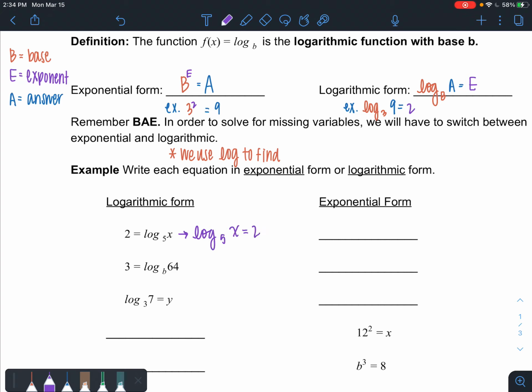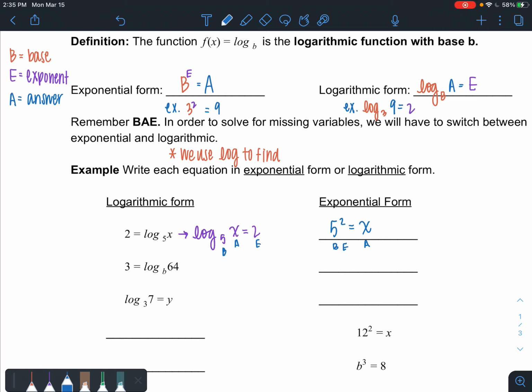That way, I can easily bay it, because this is my b, a, and e. So it's already in bay, so I need to put it in the other form. So 5 to the 2 equals x. So I unbayed it. So this is my base exponent answer.